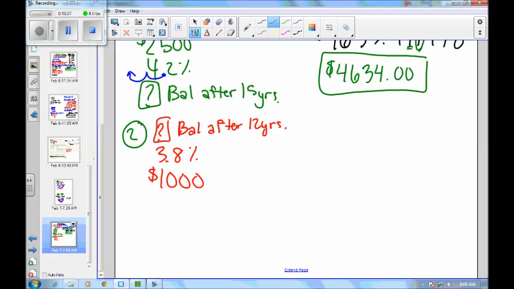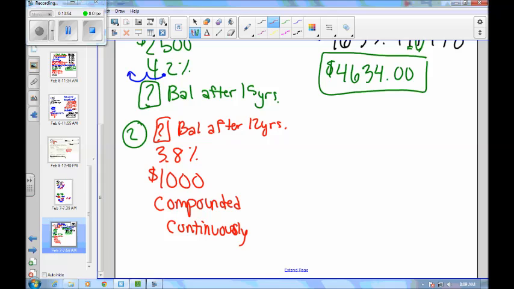Anything else important? Thank you, that's very important. Compounded continuously. That was the last one I was looking for. Because it's compounded continuously, what formula do we use?